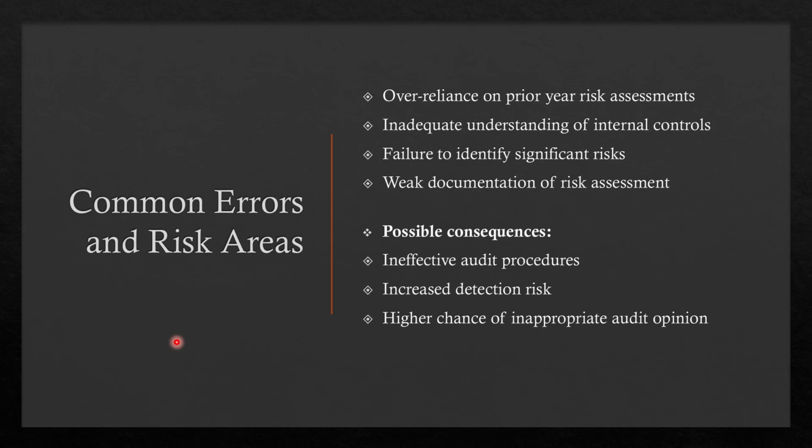What are the common errors and risk areas? In practice, auditors sometimes make common mistakes when applying ISA 315. These include over reliance on prior year risk assessments, inadequate understanding of internal controls, failure to identify significant risks, and weak documentation. And the consequences can be serious: ineffective audit procedures, higher detection risk, and even an inappropriate audit opinion.